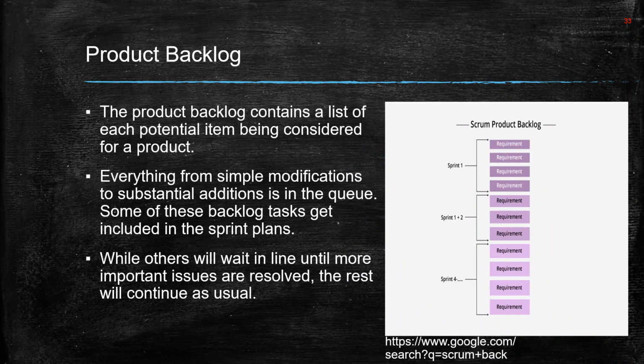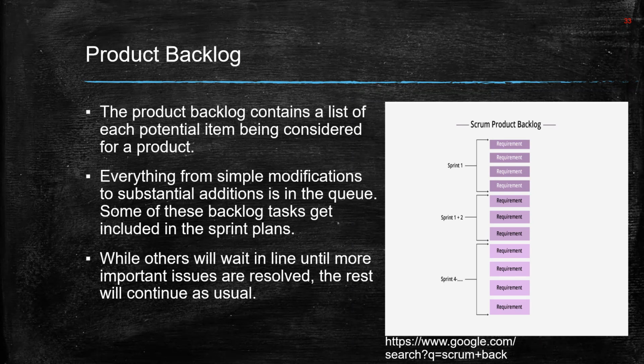The product backlog contains a list of each potential item considered for a product, everything from simple modifications to substantial additions. Some are in the queue, while others will wait in line until more issues are resolved.